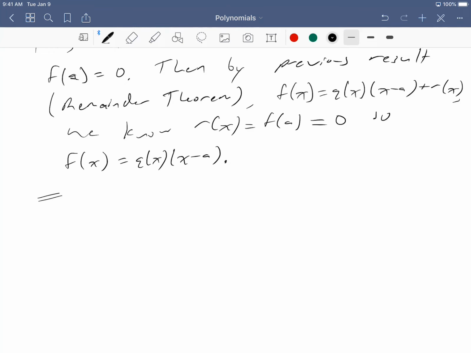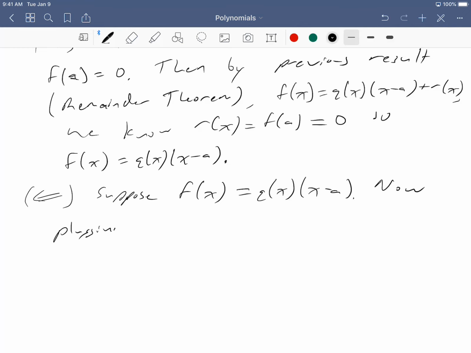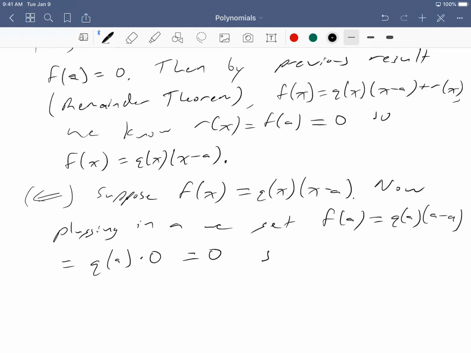And now let's do the opposite direction, the backwards direction. Here we're going to suppose that f of x equals q of x times x minus a. Now, if we plug in a, we get that f of a is q of a times a minus a, which is q of a times 0, which is 0.